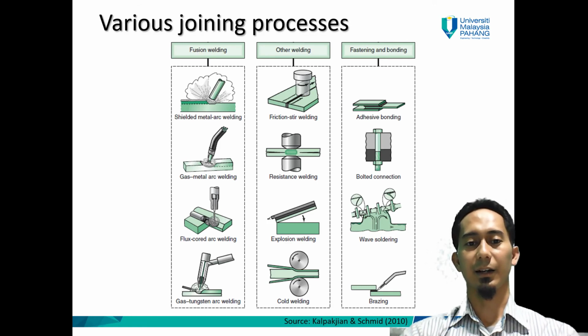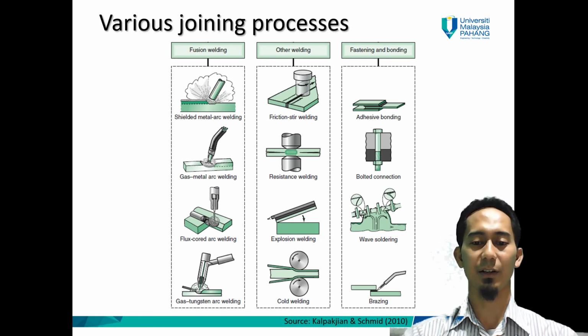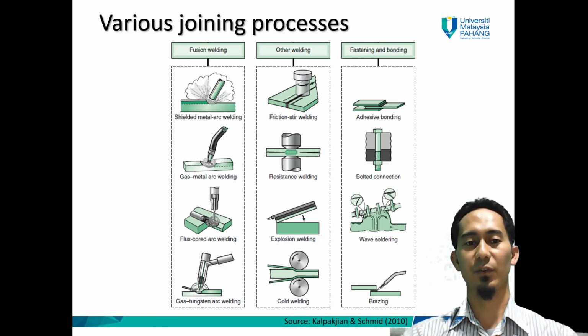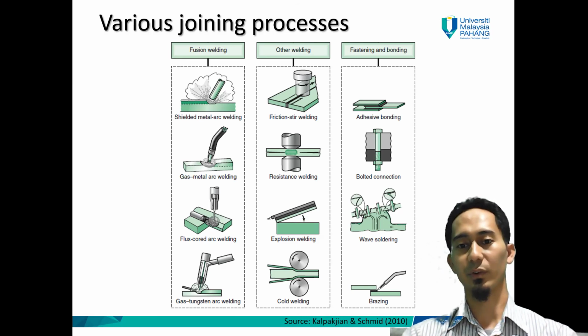And then to the interesting topic of joining processes. So I've shown fusion welding, other welding, and fastening and bonding. First of all, we'll go through fastening and bonding, which also involves soldering, brazing, mechanical fasteners, and also adhesive bonding.